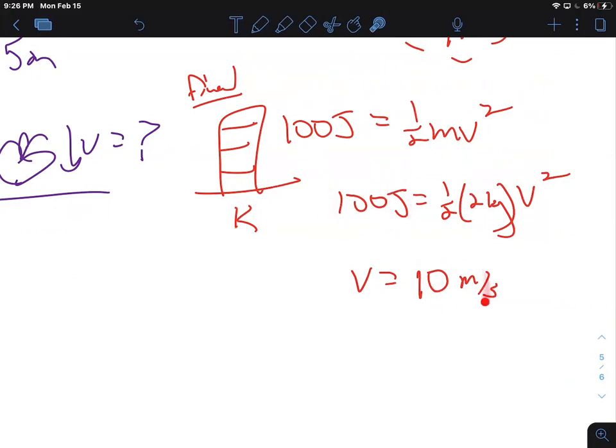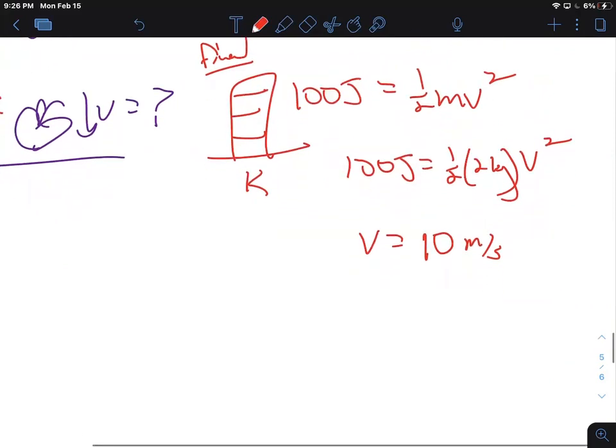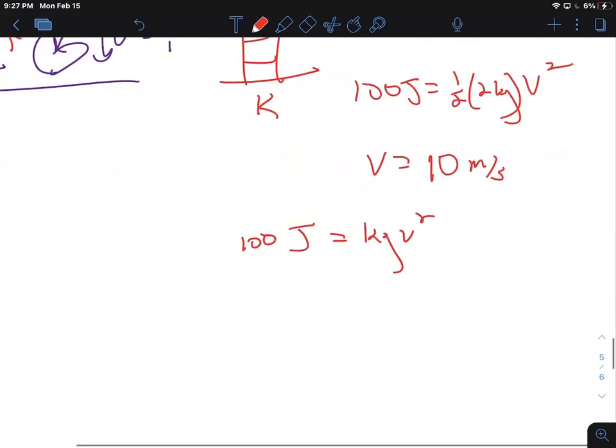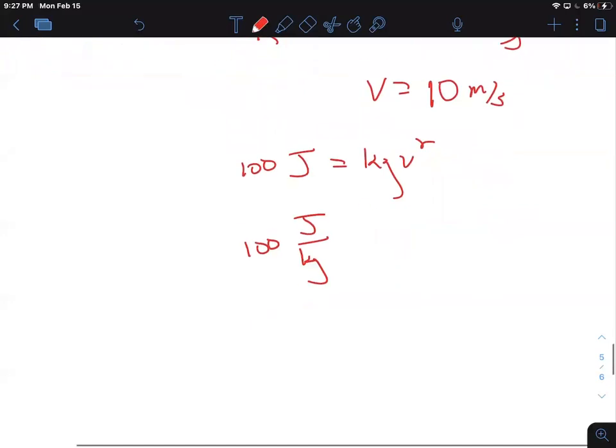The unit going from joules to meters per second might seem a little bit weird. You have joules equals, we had 1 kilogram times v squared, so we had joules divided by kilograms. A joule is a newton times a meter.